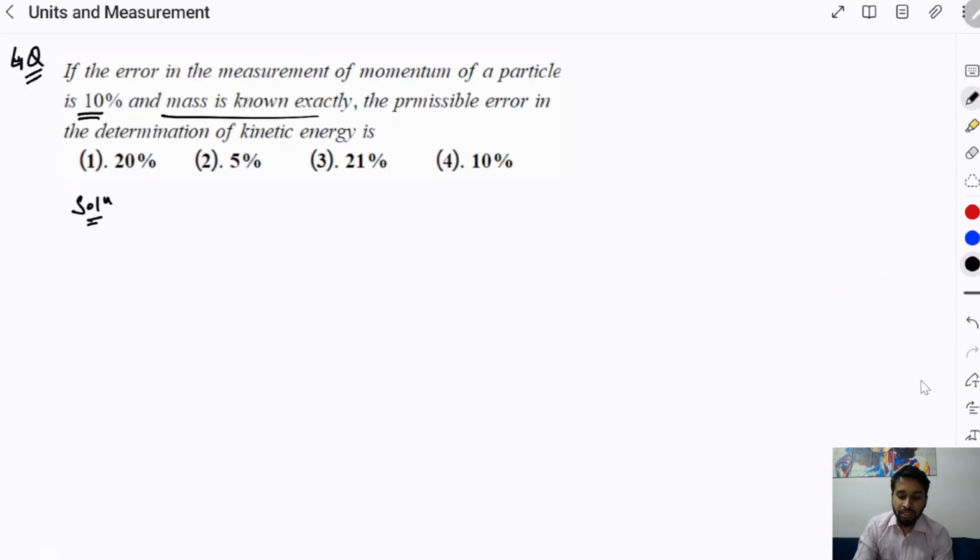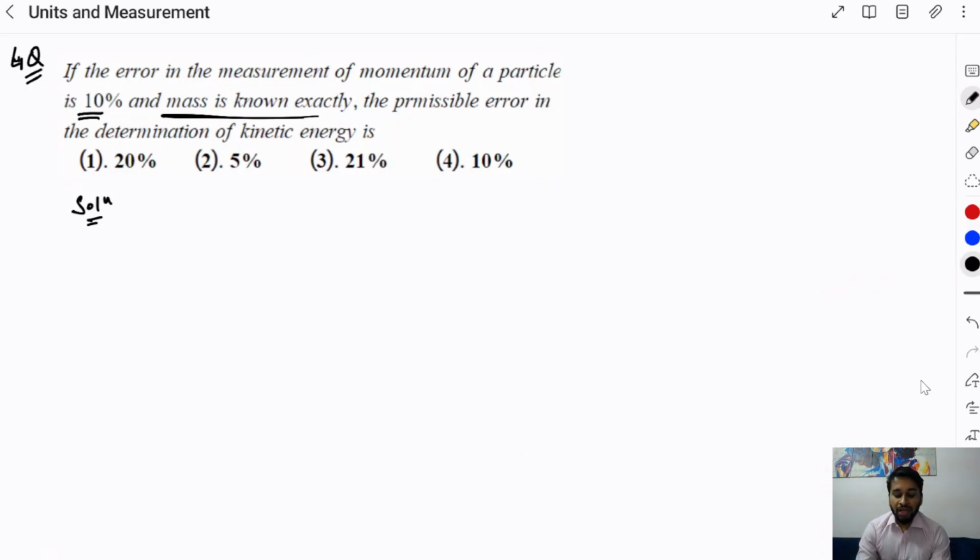Mass is known exactly means there is no error in the measurement of mass. The error is 0. Okay, the permissible error in the determination of kinetic energy is, they are asking us to find the permissible error, or simply the error in the determination of kinetic energy.